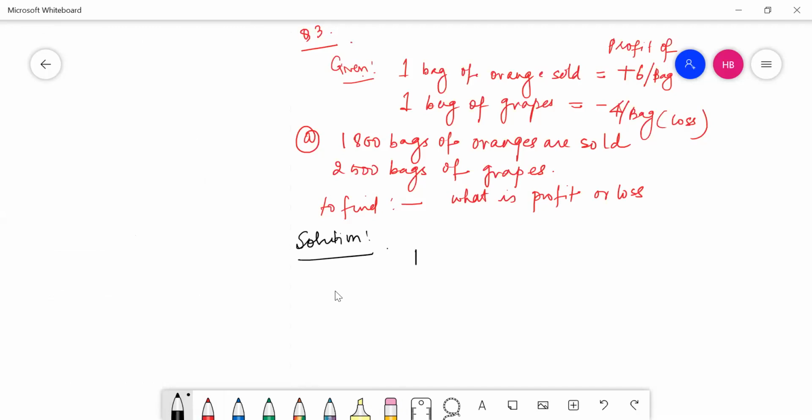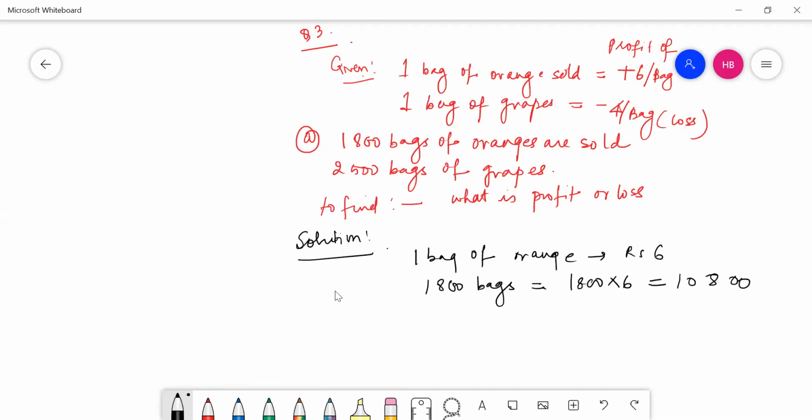So for 1800 bags, how much profit should I get? 1800 into 6, which will be 10800. Now it will be plus because it is my profit. 10,800 rupees profit he has made by selling 1800 bags of oranges.